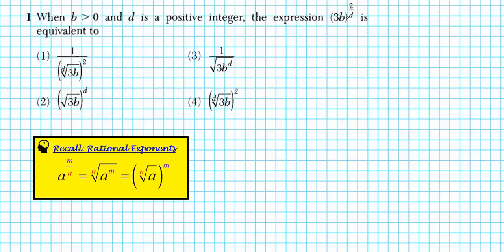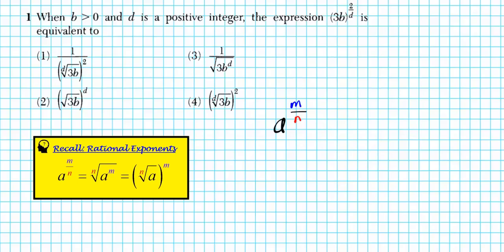Now, to help us rewrite this problem using radical notation, you want to remember the rational exponents property. If you have a power raised to a fractional exponent, so let's say we have a raised to the m over n, this is writing it as a rational exponent.